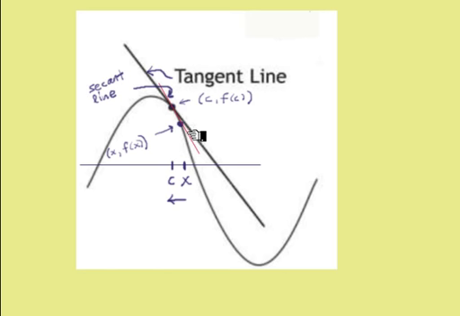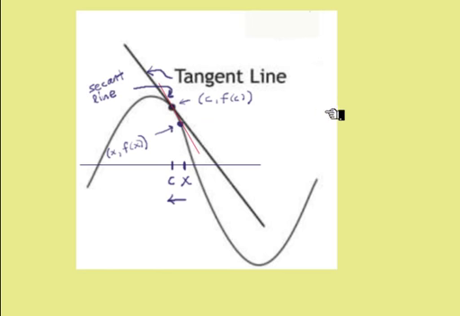So the slope of the red line, which is the slope of the secant line, is very close to the slope of the tangent line. And if we move x closer to c, the slope will be even closer to the slope of the tangent line.